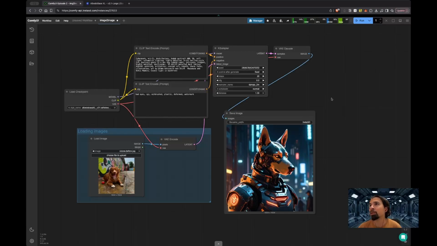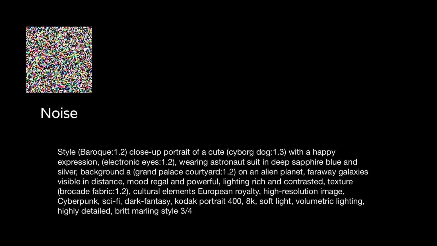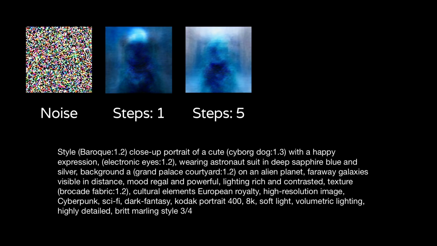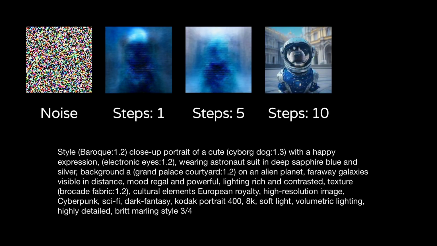Well, this has something to do with this factor here, which is something we didn't talk about last time, this denoise ratio. And what this denoise is, it has something to do with the way that diffusion models work under the hood. Basically, what they do is they fill the image with a lot of noise, and then they seek the description that you gave them from amongst the noise.